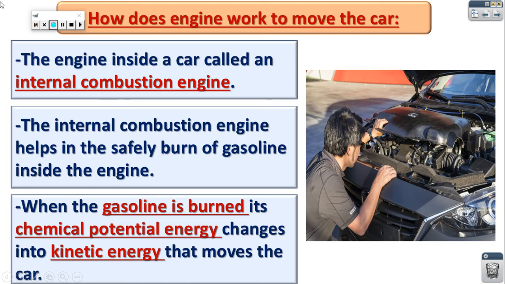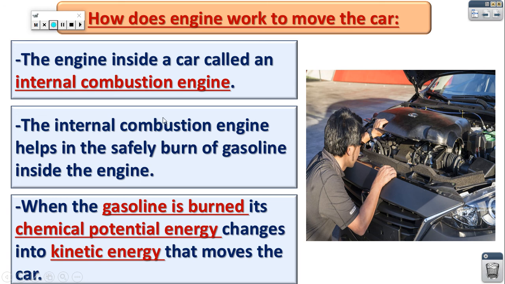So, the engine inside the car is called an internal combustion engine. This engine inside the car, we call it what? Internal combustion engine. The internal combustion engine is designed to safely burn gasoline inside the engine, to not allow any fire or burning to happen outside it, so the car does not catch fire.